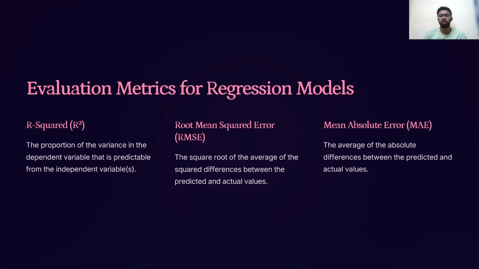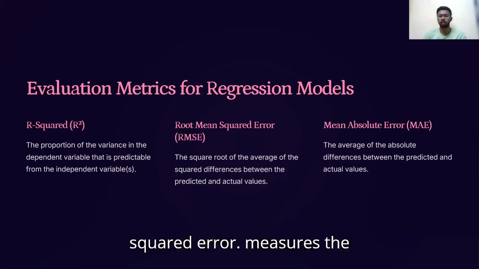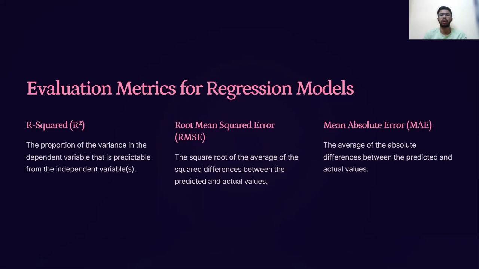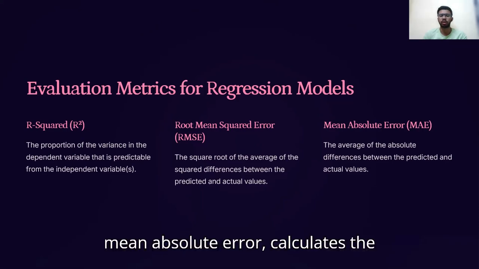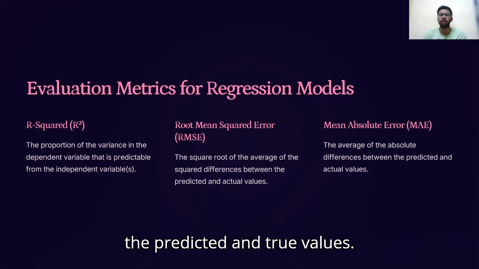RMSE stands for root mean squared error. It measures the square root of the average of the squared differences between predicted and actual values. MAE. Finally, MAE or mean absolute error calculates the average of the absolute differences between the predicted and true values.